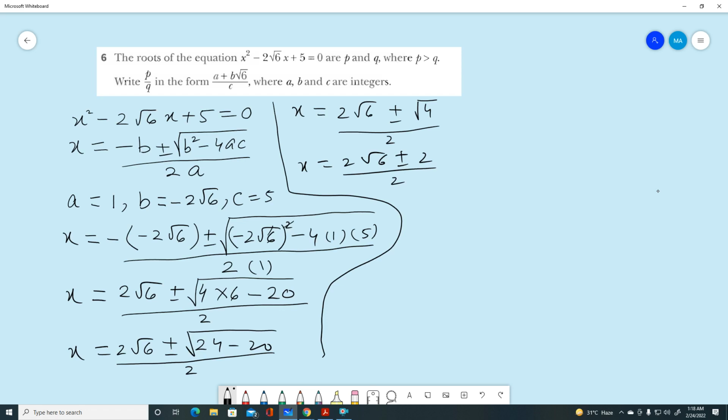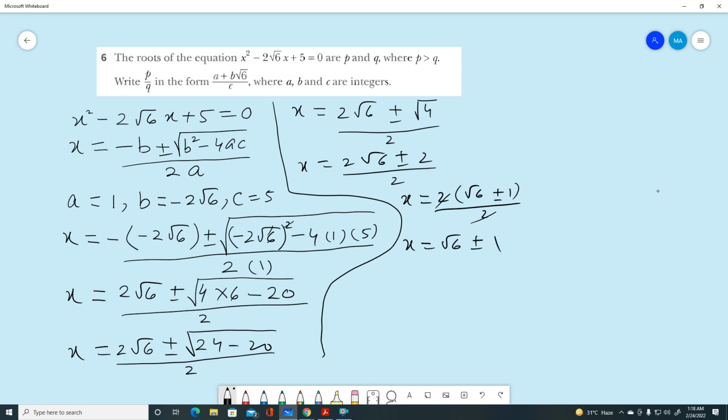Then x is equal to, taking 2 common, 2 times root 6 plus minus 1, upon 2. 2 cancels by 2, x is equal to root 6 plus minus 1.